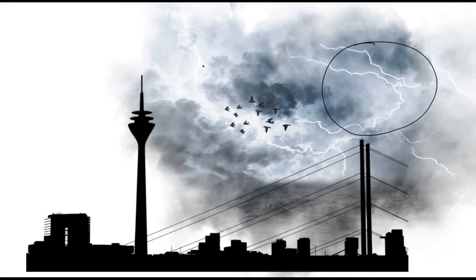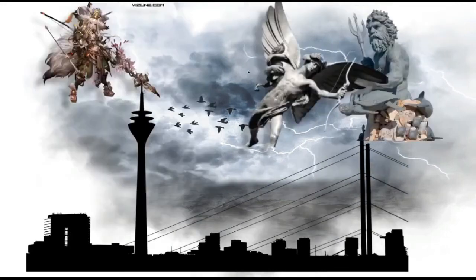Previously it was thought that it was due to the wrath of gods. Gods became so angry and they fought each other, and that is the reason lightning could take place in the sky. That was a belief.